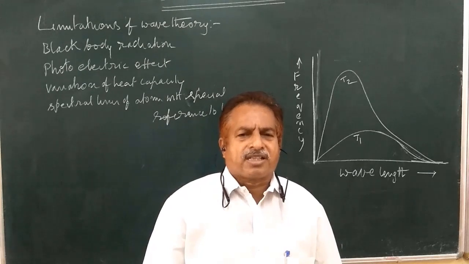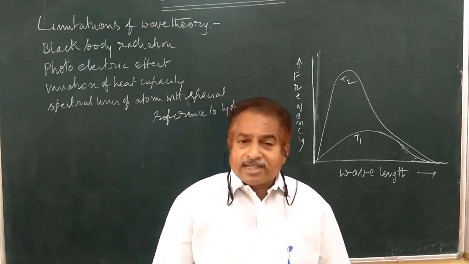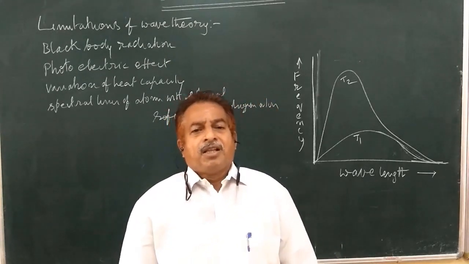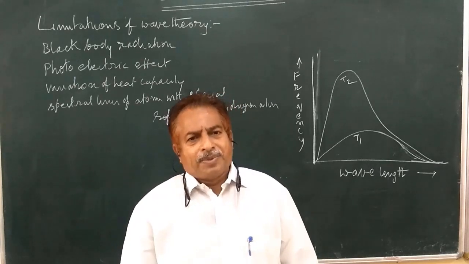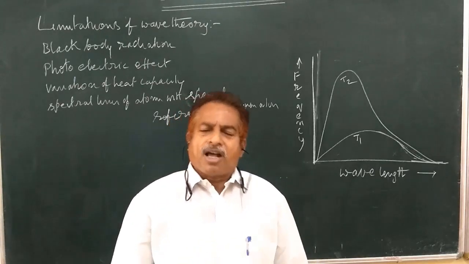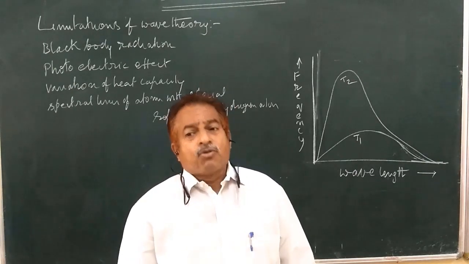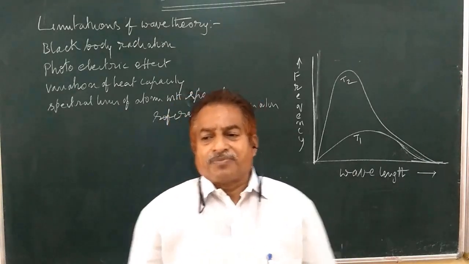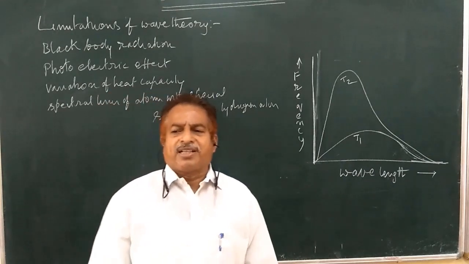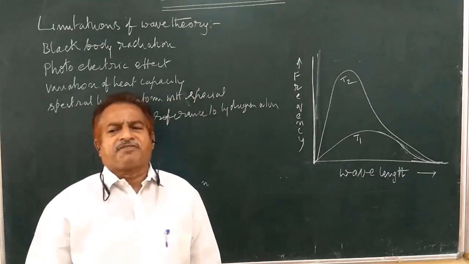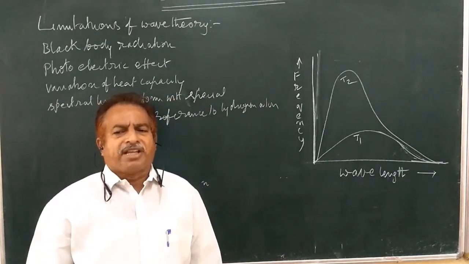Such a body is known as a black body. Strictly speaking, no body is a perfect black body, but carbon black behaves as a black body to the maximum extent. Now, hot objects emit electromagnetic radiations with a wide range of wavelengths.